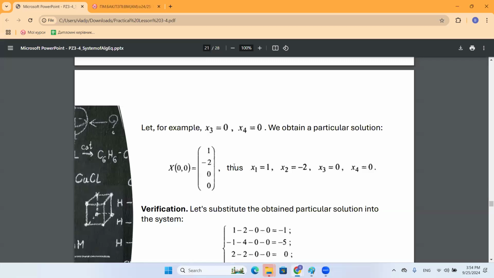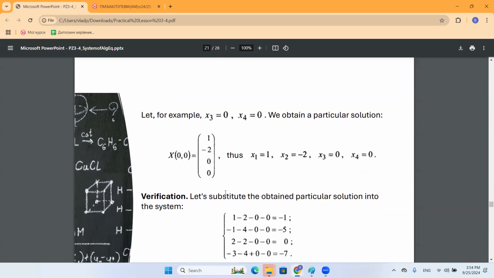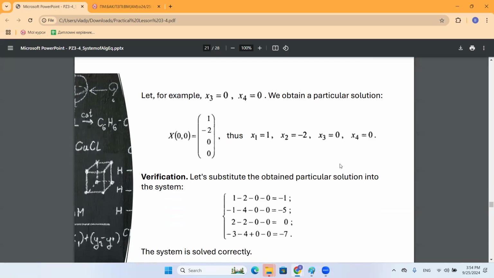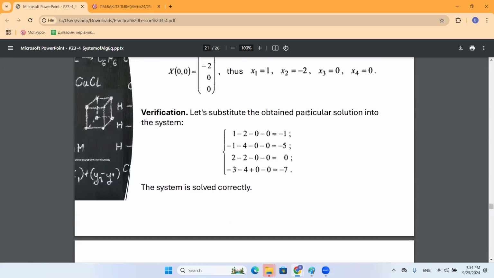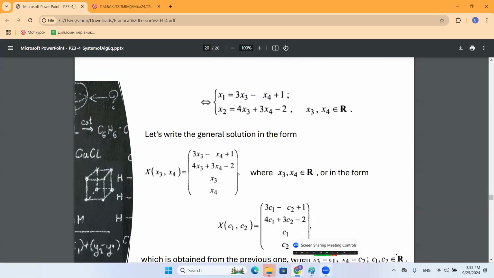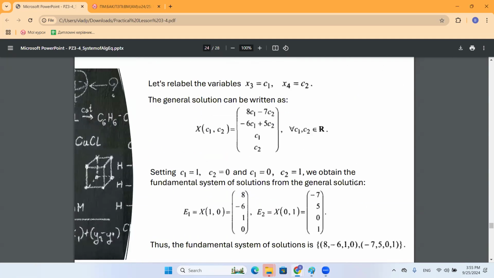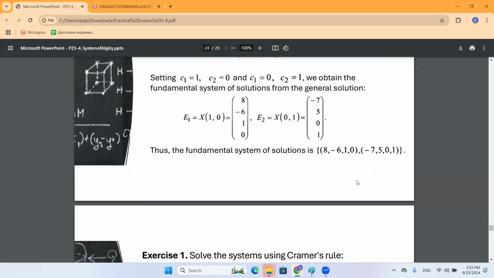So we substitute C1 and C2 with any values, zeros for example, and receive the solution. By the way, let's actually check it.